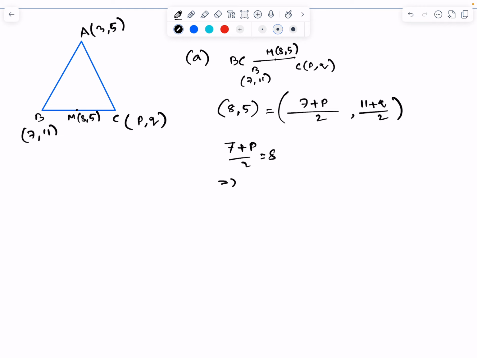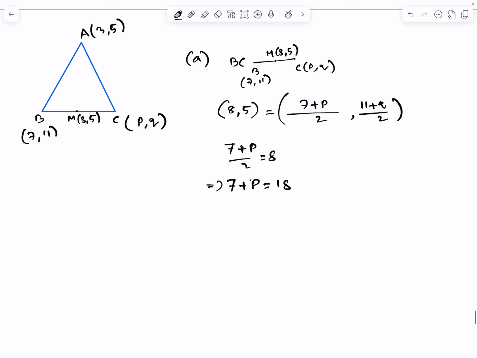We are going to multiply both sides by 2, so 7 plus P is equal to 16.